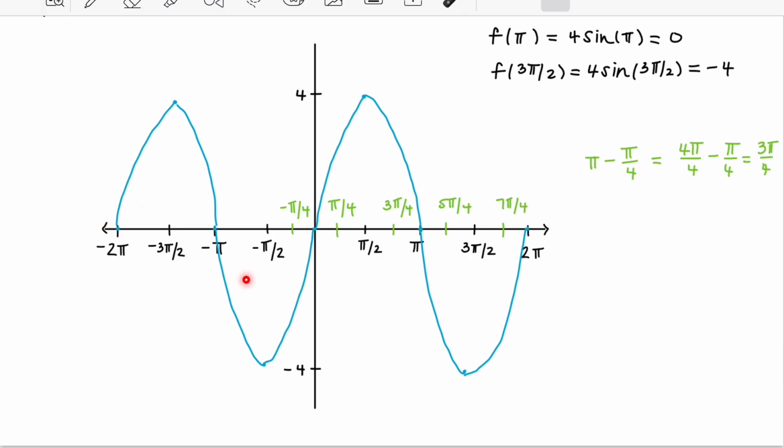Doing the same thing on this negative x-axis here, we'll get minus pi over 2 minus pi over 4. So we'll get minus 3 pi over 4. And we'll have minus 5 pi over 4 and minus 7 pi over 4. So all of these points are going to be shifted over. So for example, this pi over 2 is going to be shifted over here to pi over 4.